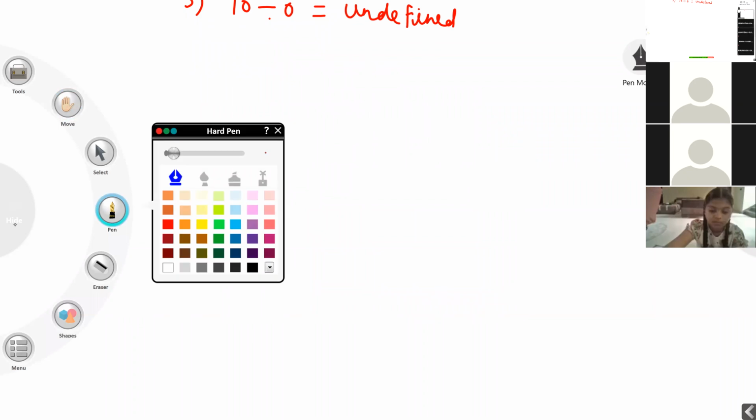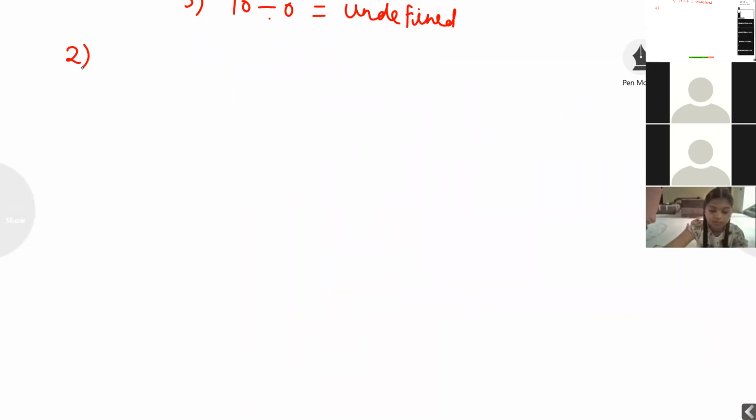Second key heading, commutative or order property.